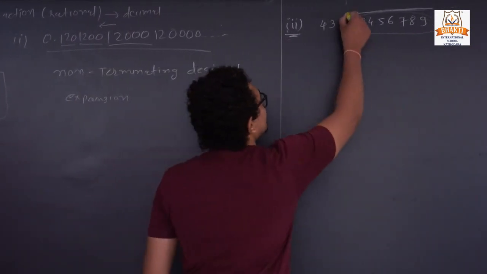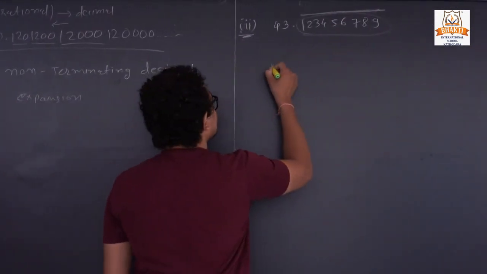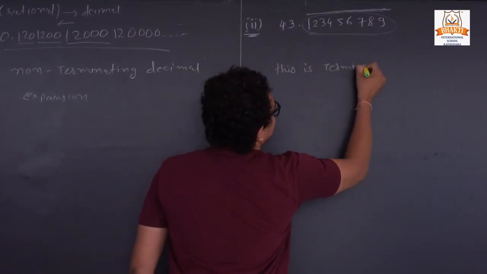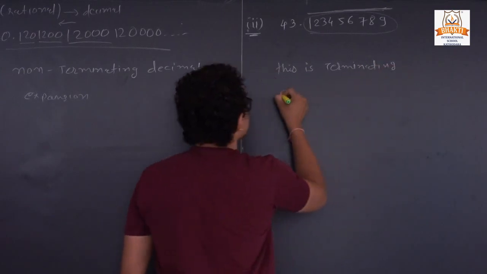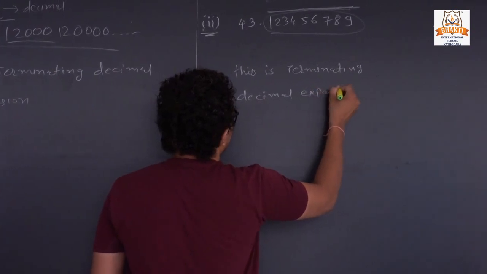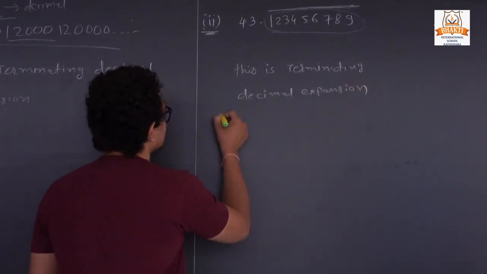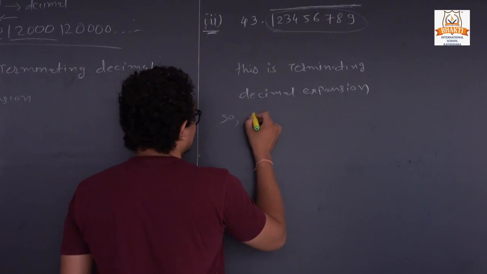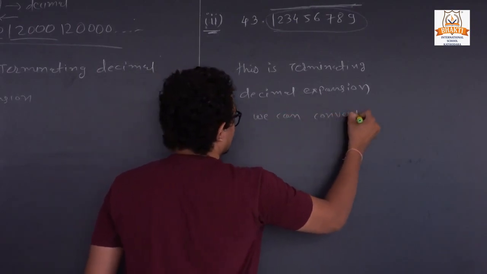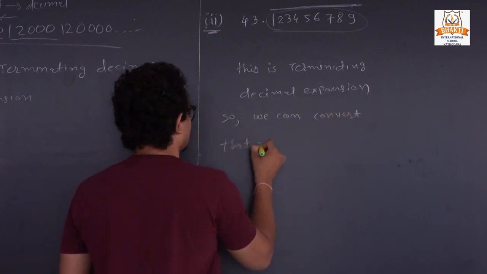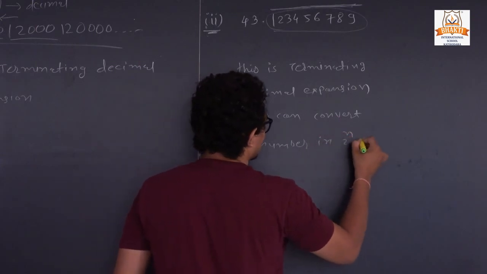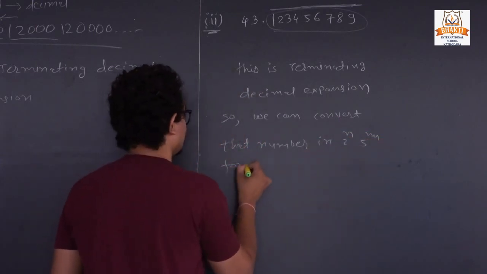So if digits are repeating, here we can write this is a terminating decimal expansion. So we can convert that number in 2 raised to n into 5 raised to m form.